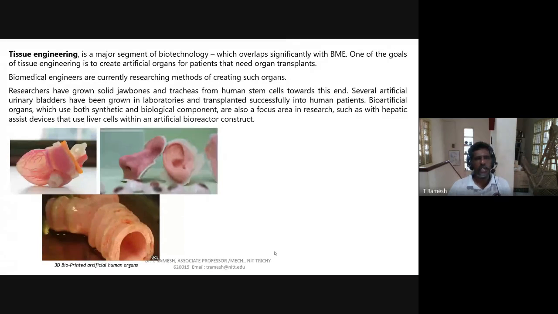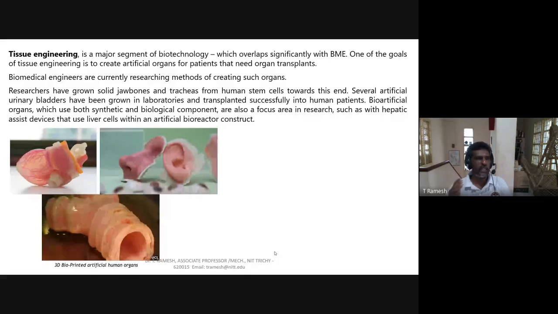Biomedical engineers are currently researching methods of creating such organs, and researchers have grown solid jawbones and tracheas from human stem cells towards this end. Several artificial urinary bladders have already been grown in laboratories and transplanted successfully into human patients.